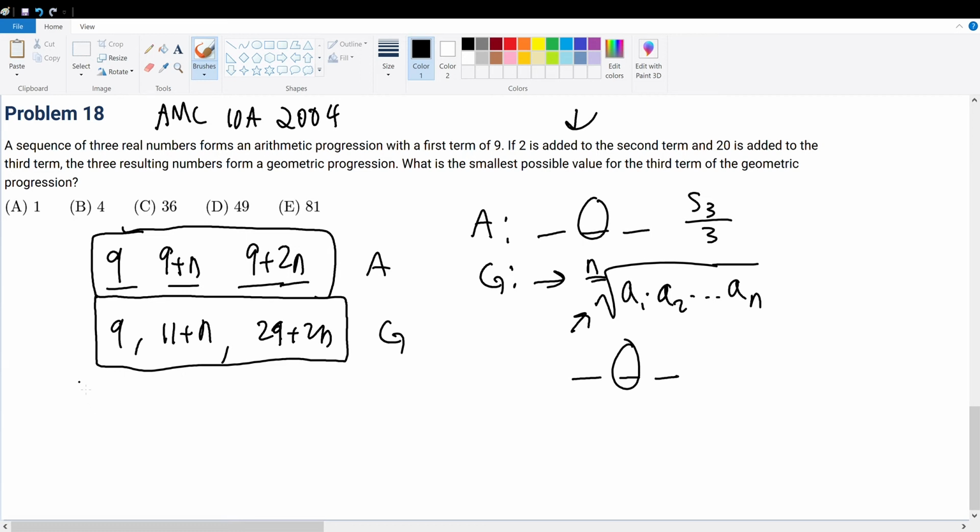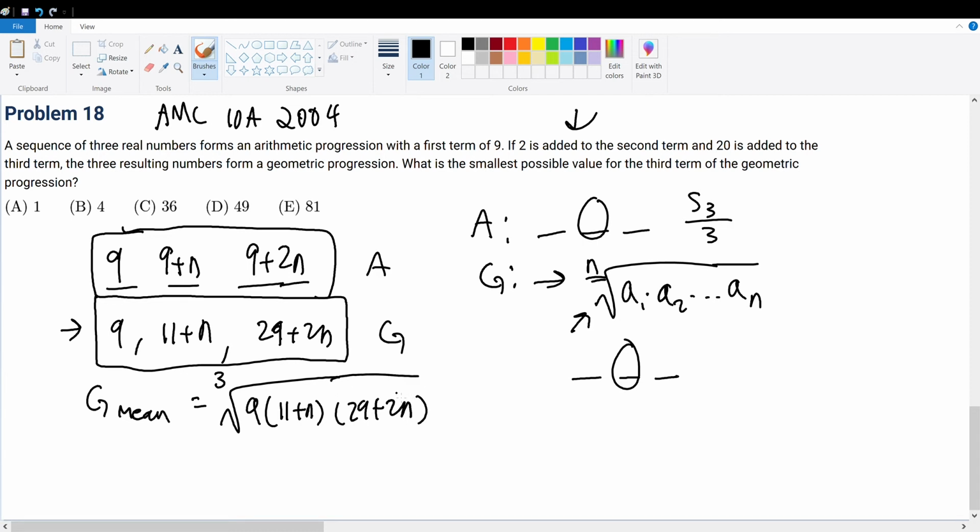So we can apply this. The geometric mean for this series will be equal to the cube root of 9 times 11 plus n times 29 plus 2n. This form won't give us anything special, because it is a dead end. But what can we derive from the geometric mean to help us? We're trying to find a2, and we know the cube root of a1 times a2 times a3 is the geometric mean.